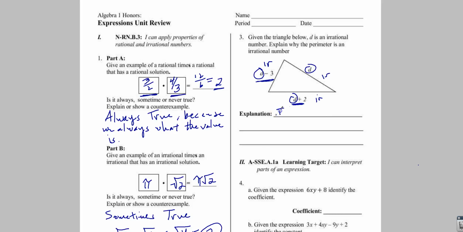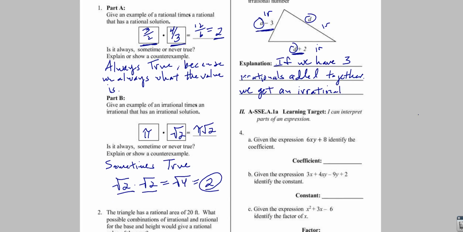So basically the rule is if we have 3 irrationals added together, we get an irrational.